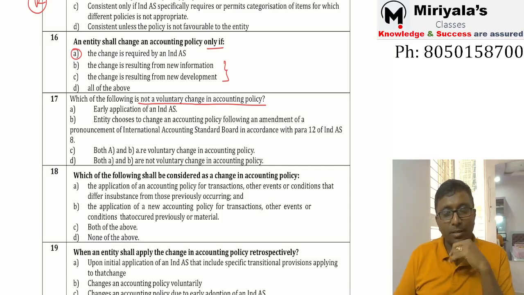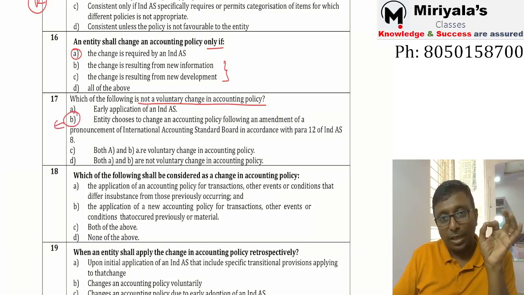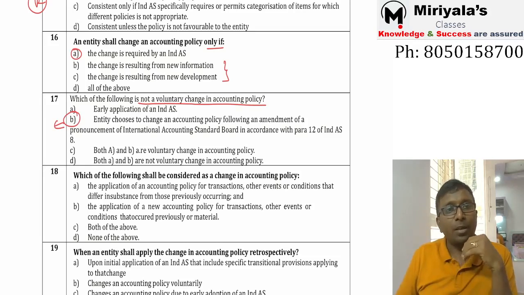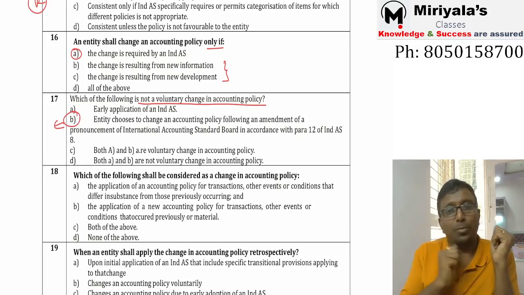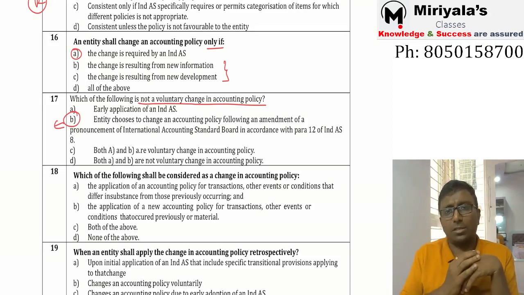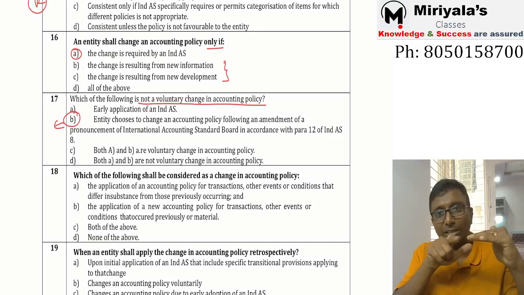So for B, I have given a very good explanation. I'm explaining only B, I'm not concluding the answer. Suppose I don't have an accounting policy, and it is not discussed in the Ind AS or IFRS. Then, as I told you, you should look for any relevant Ind AS on similar topics. Nothing there, sir.